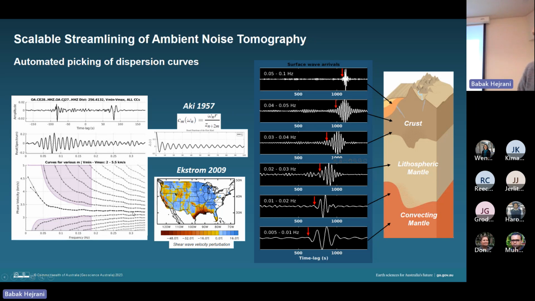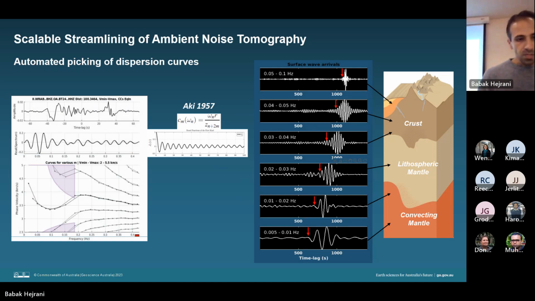Basically, at every frequency we can create an image of the Earth like this, because when these waves travel through a layer in the Earth, we can image that layer using an array of seismometers. This is what they have done in the US, where they used USArray to image the Earth at different frequencies.